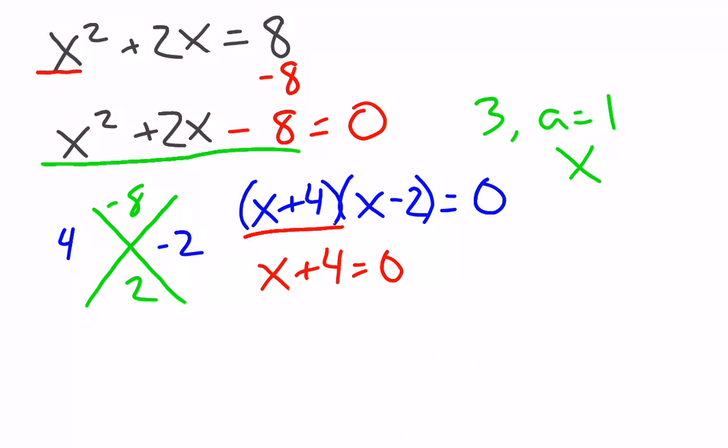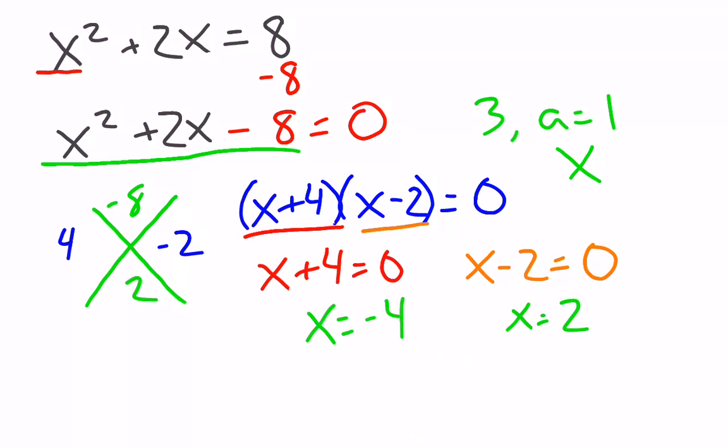Literally, you write down what's in the parentheses, equals 0. Write down what's in the parentheses, equals 0. And we solve. So I got x equals negative 4 or x equals 2. Once again, we can write that in our brackets as negative 4, comma 2. Just make sure you aren't writing it in parentheses.